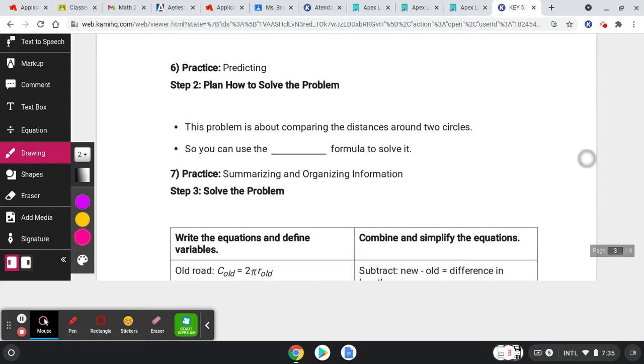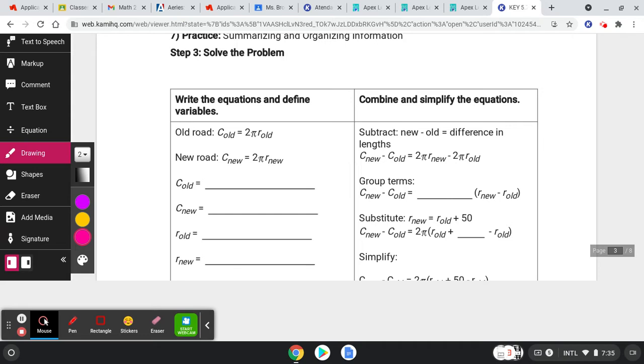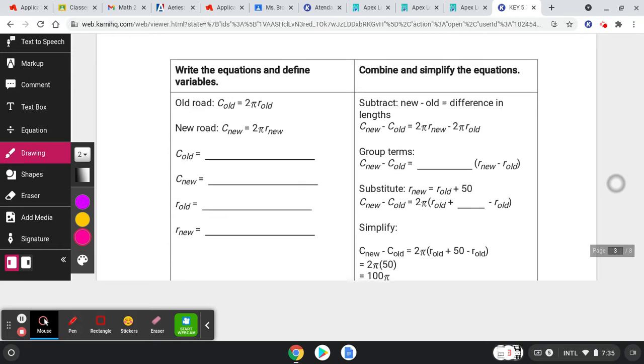So we can compare the distance around two circles. And so you can use the circumference formula to solve it. So the old road is the circumference of the old road, and the new road is going to be the circumference of the new road.